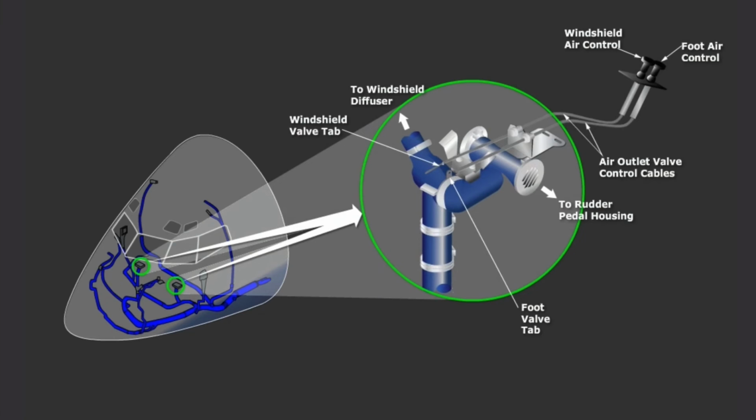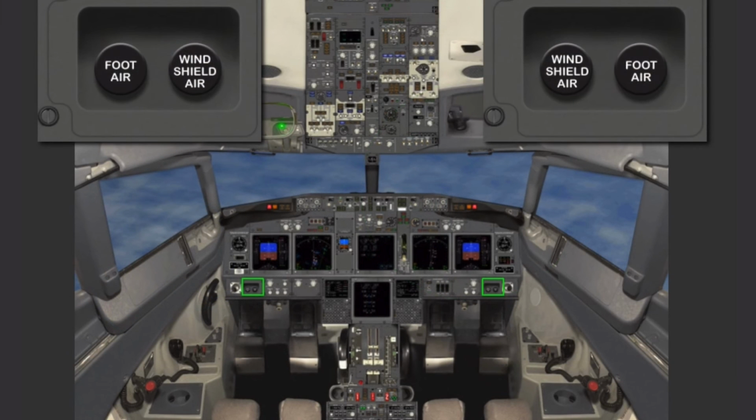There is a dual-purpose valve behind the rudder pedals of each pilot. This valve provides warm air for the pilot's feet and for defogging the inside of the windshields. Each valve is controlled by knobs located on the captain's and first officer's forward panel.